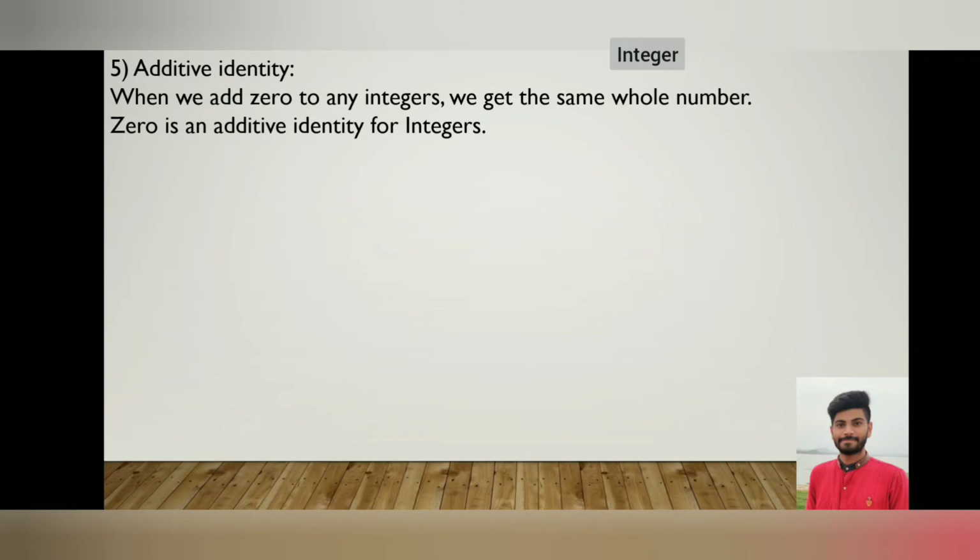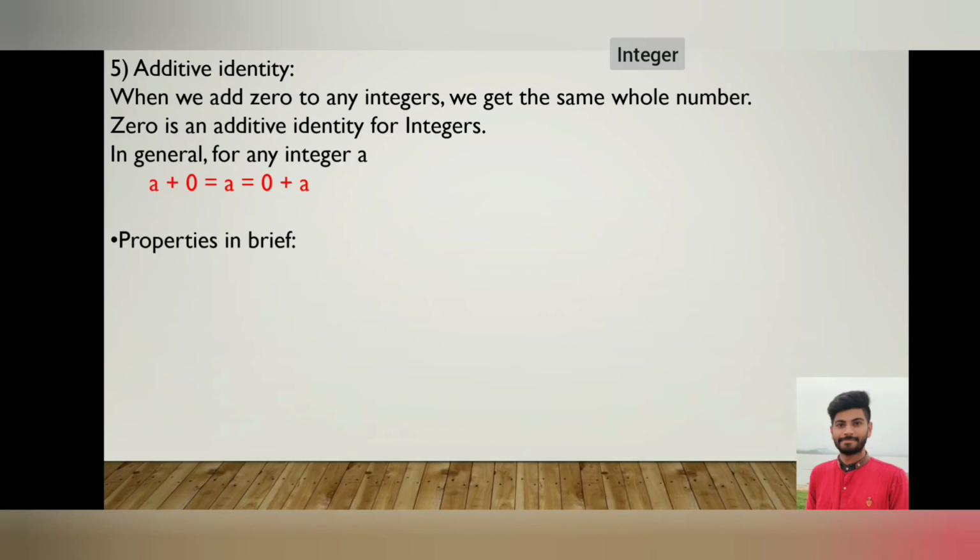If we add a number and get the same answer, that number is called the additive identity, and that is 0. In general, for any integer a, a plus 0 is equal to a, and 0 plus a is also a.